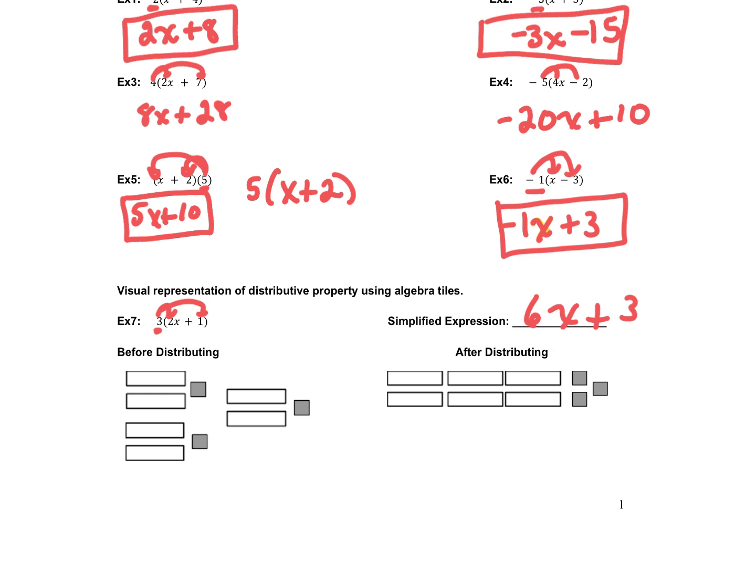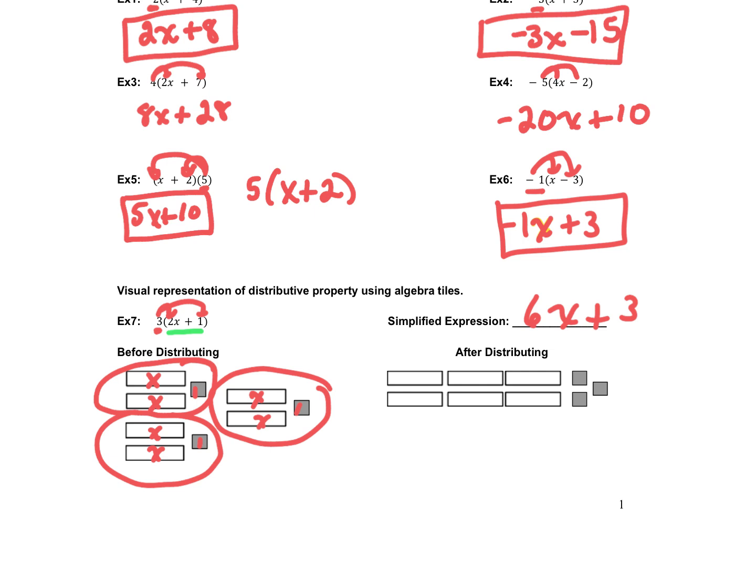Now we saw this last week on the win, lose, or draw, okay, that the large rectangle is x, and the square represents 1. So this 3 means that there are 3 distinct groups of 2x plus 1.